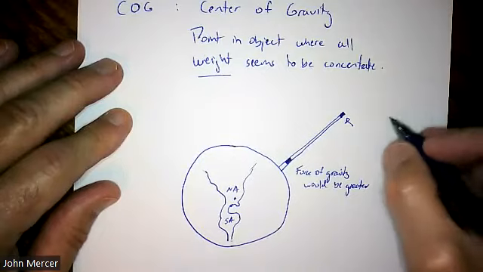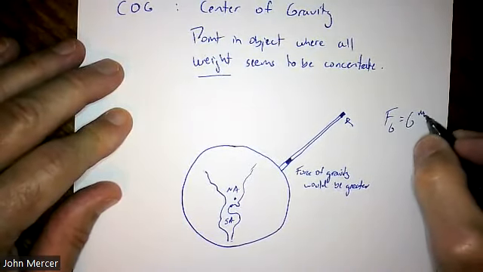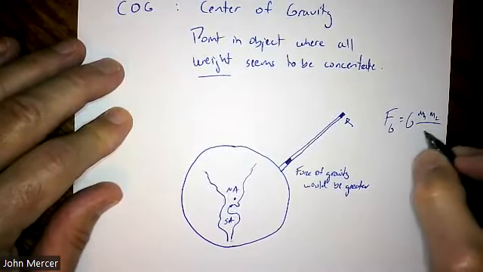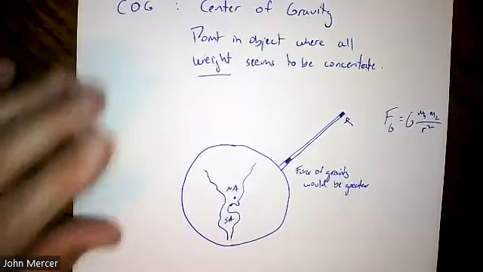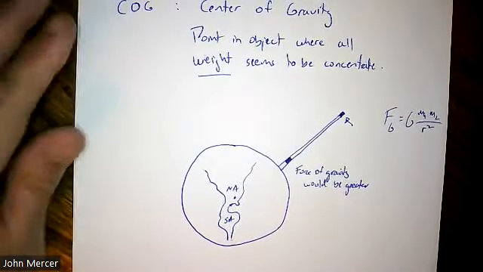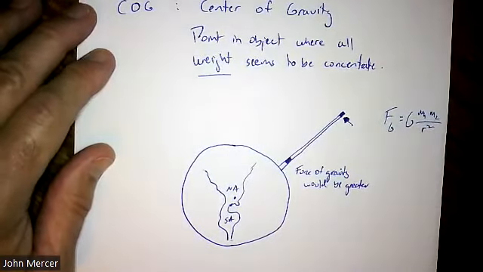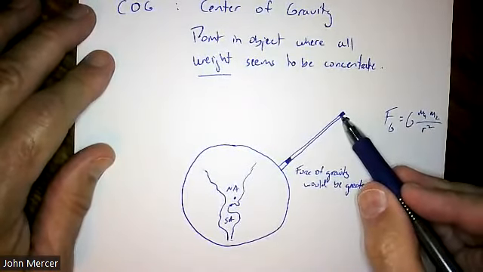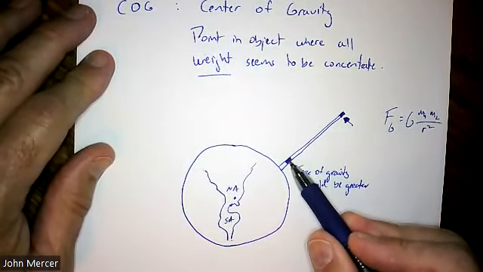We know that the force of gravity is equal to a constant times mass 1 times mass 2 divided by the square of the distance between those two masses. So this mass, even if it was 20 kilograms, would weigh less than this mass, even if this is 20 kilograms.